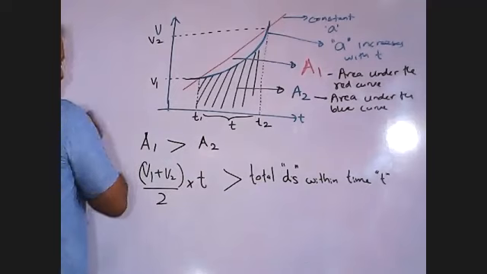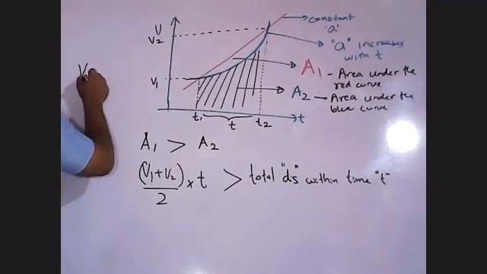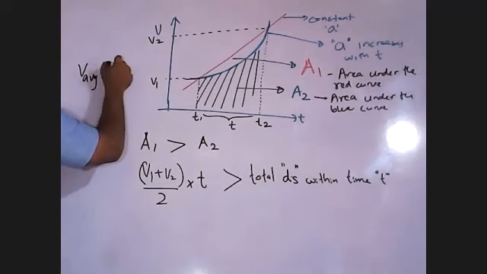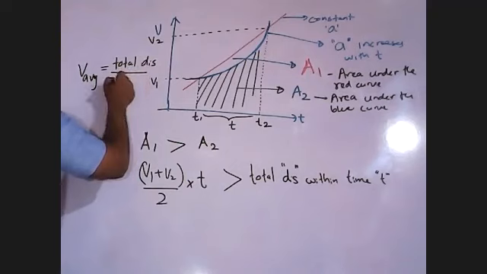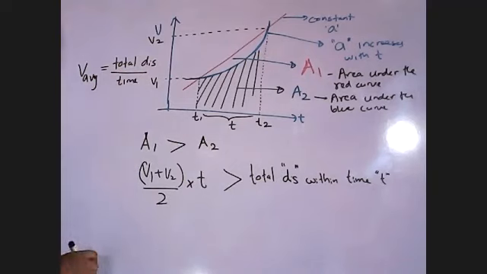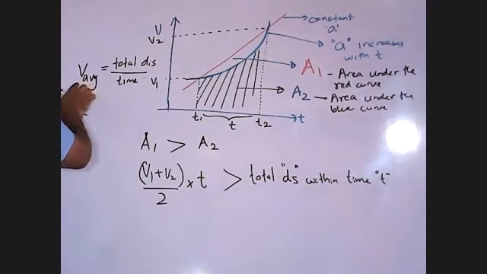The average velocity is equal to total displacement over time. Therefore, total displacement should be equal to V average into time.